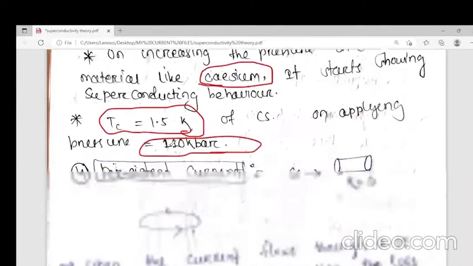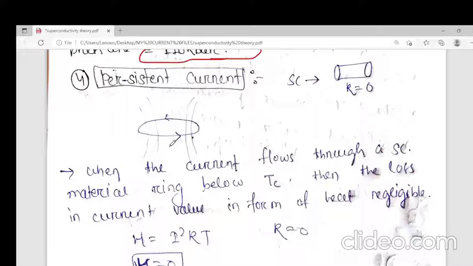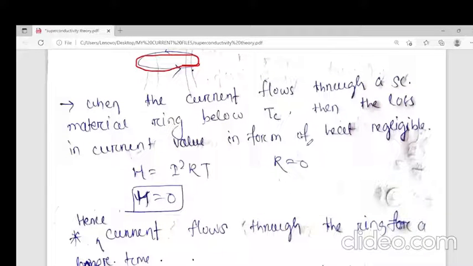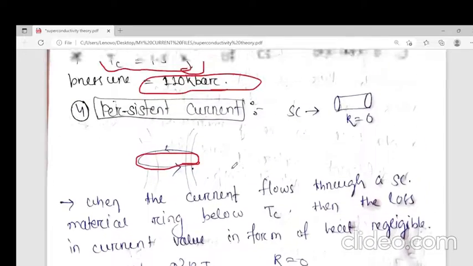The next property is persistent current. Suppose current flows through a superconducting ring, see the figure. Below Tc, the loss of current in the form of heat is negligible, meaning at 0 Kelvin or any other critical temperature its resistance vanishes.